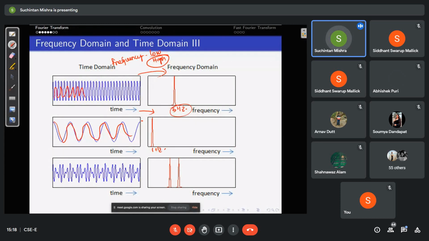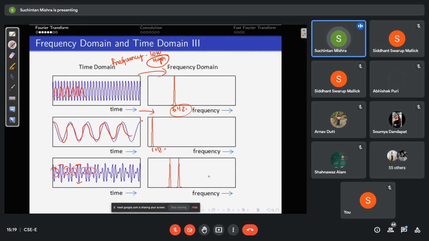Now let us look at the third example. In the third example, there are two basic types of amplitudes. The higher amplitude signal is occurring more frequently, so its frequency should be more, and the lower amplitude signal is occurring less frequently, so its frequency will be less.